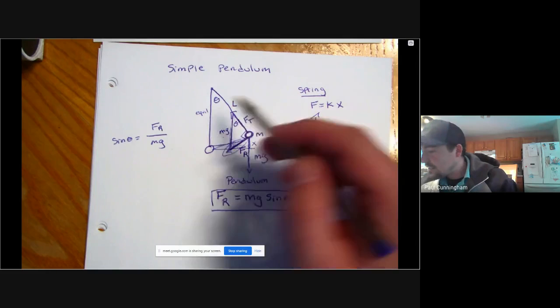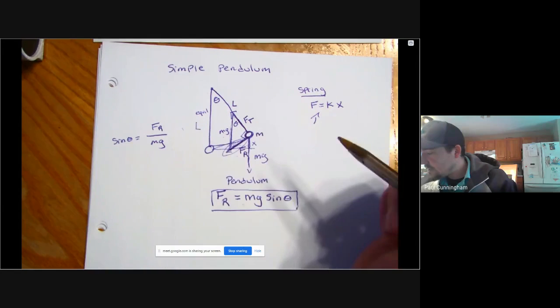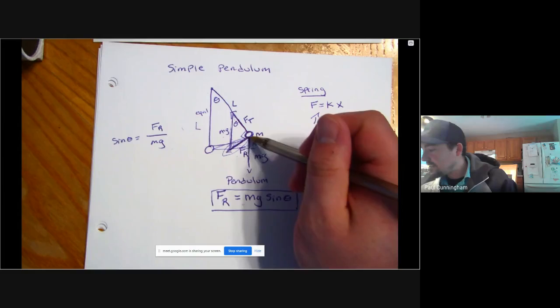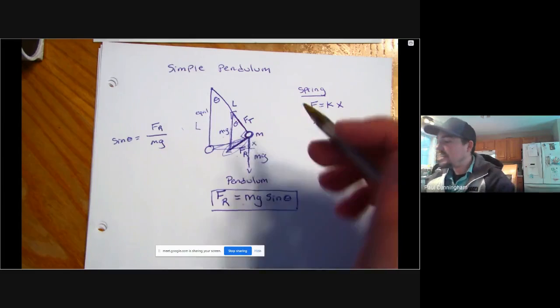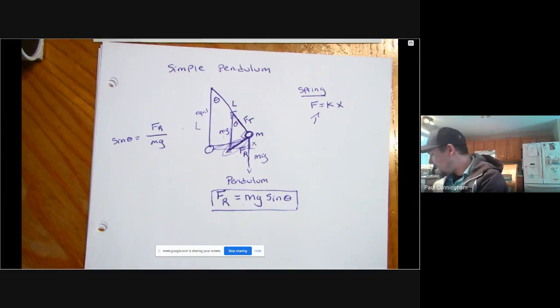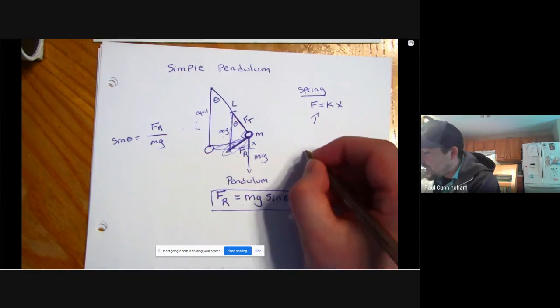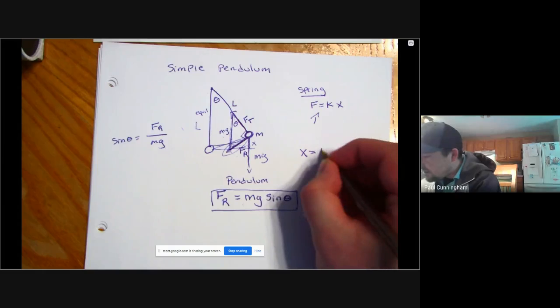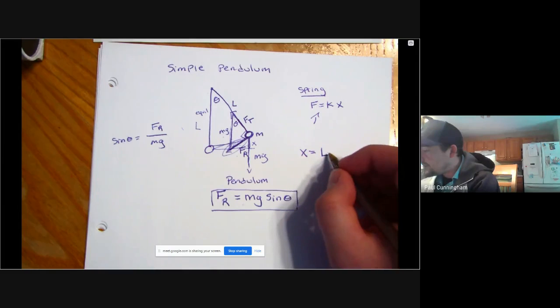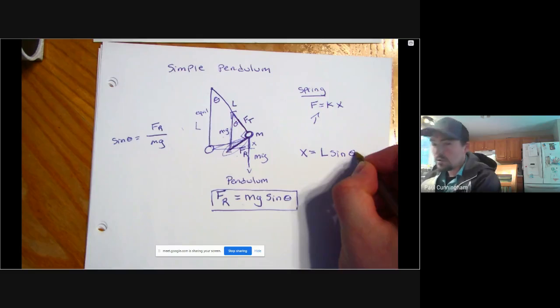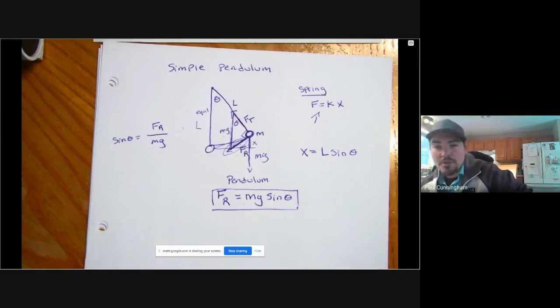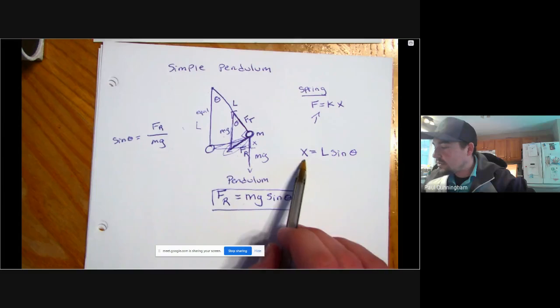This L is the same here as here, and so really I'm just looking for this difference here. And that ends up being x equal to L times the sine of theta. You can try the trig out for yourself. I'm asking you to trust me on that, x equals L sine theta.